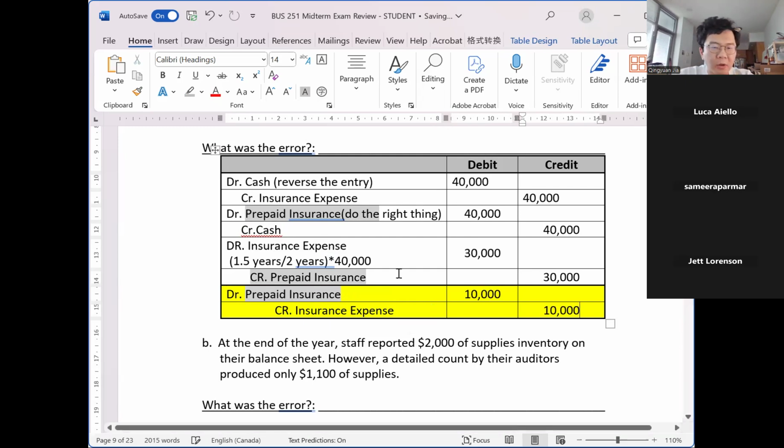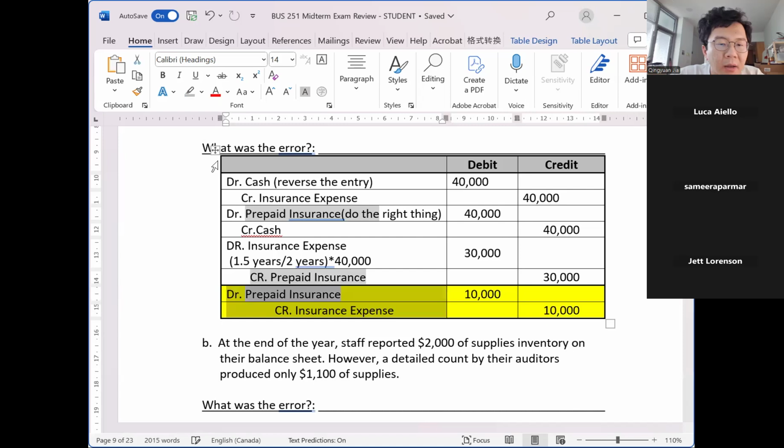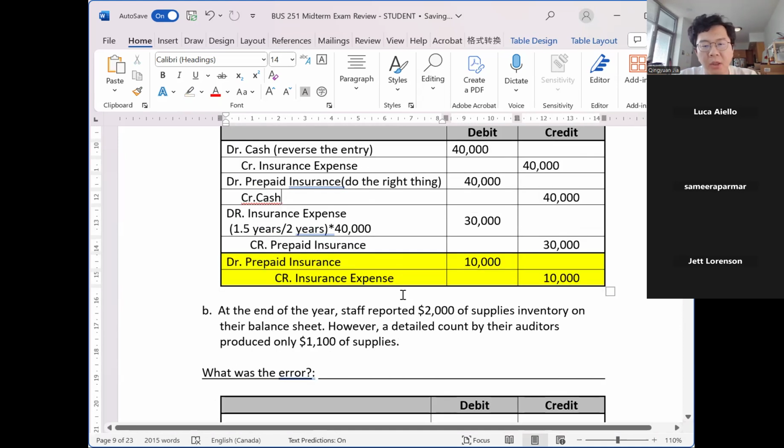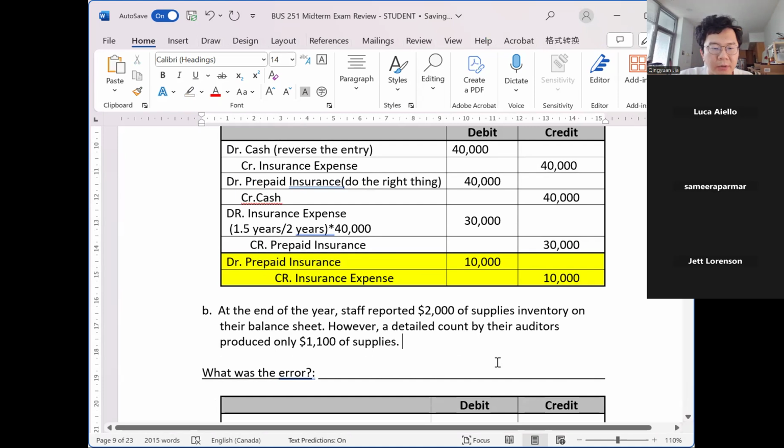So this yellow part is the combined entries. And you can write step by step, or you can write combined entries if you are able to. Both of these are correct. Okay, so that's about the first part.